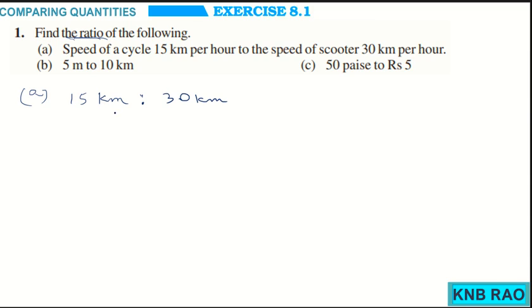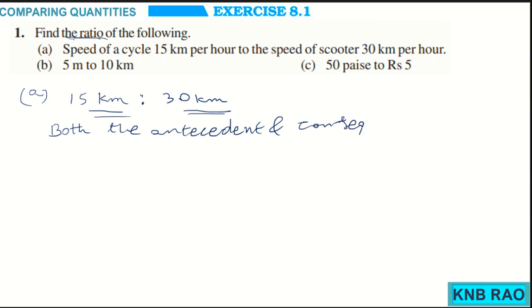Remember, when you are finding ratio, both antecedent and consequent should be in the same units, that we have learnt in your previous class. So very important note, both the antecedent and consequent must be in the same units.